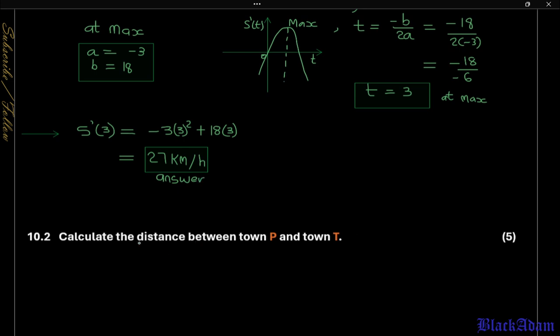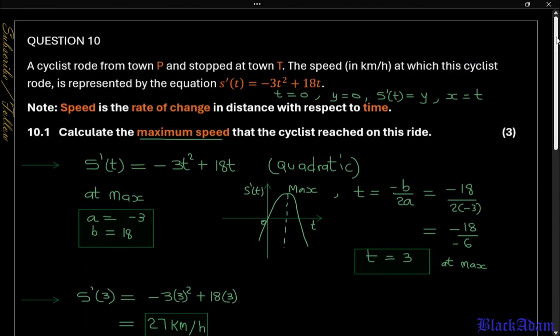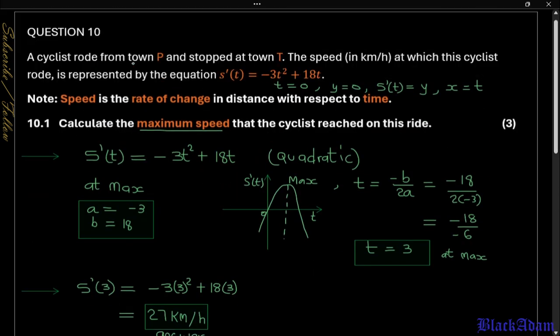For the second question, I just use integration. Integration is just the reverse of differentiation. We start at p and end at t. So what's the distance? Let's again come to the graph.